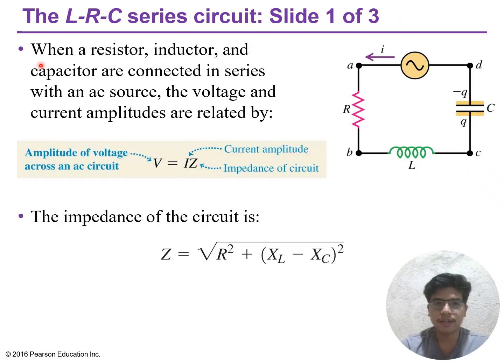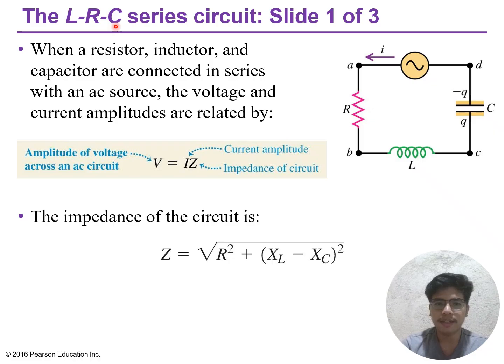When a resistor, inductor, and capacitor are connected in series with an AC source, called the LRC series circuit, the voltage and current amplitudes are related by V equals I times Z, where Z represents the impedance of the circuit.